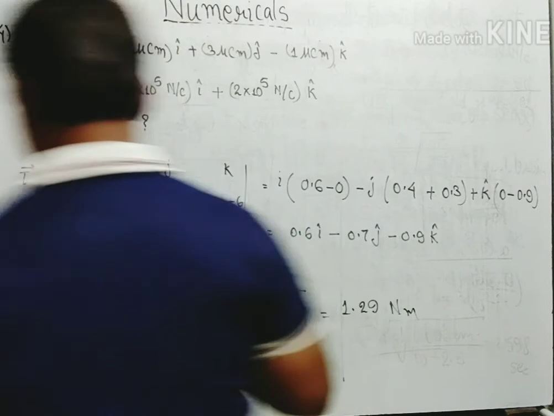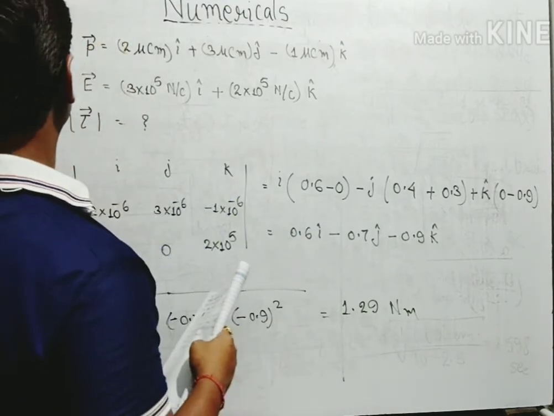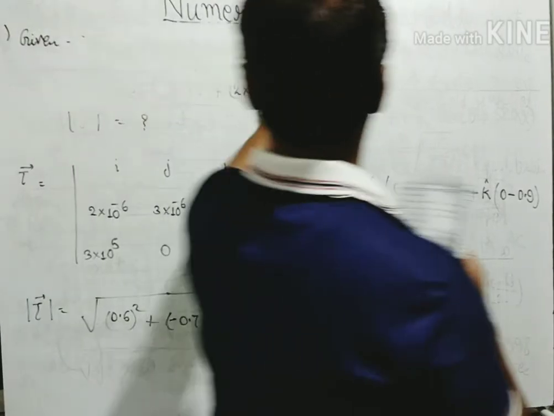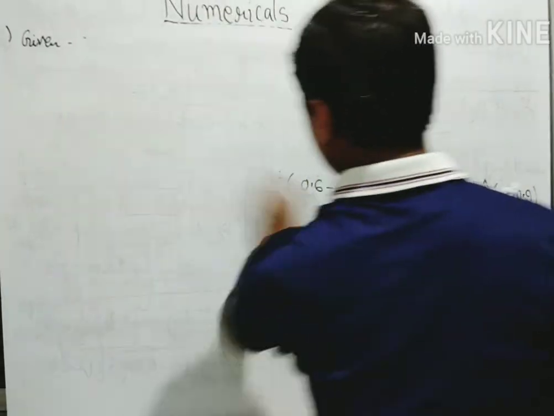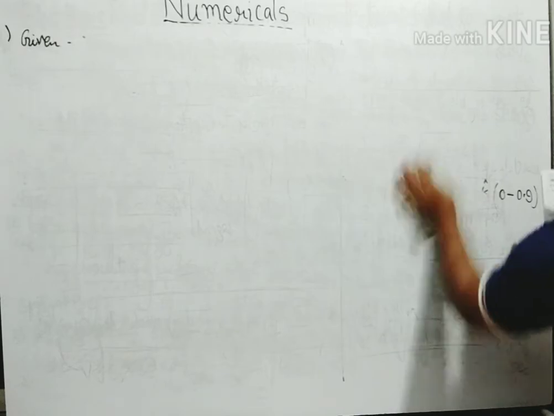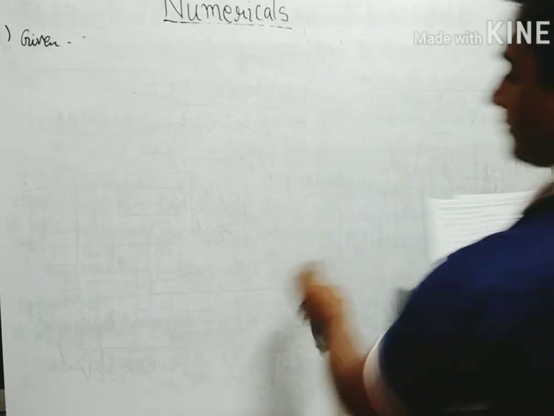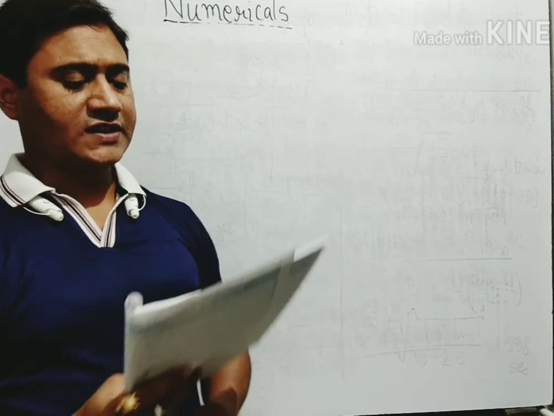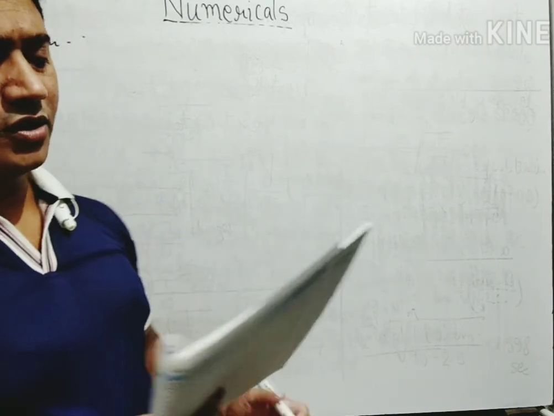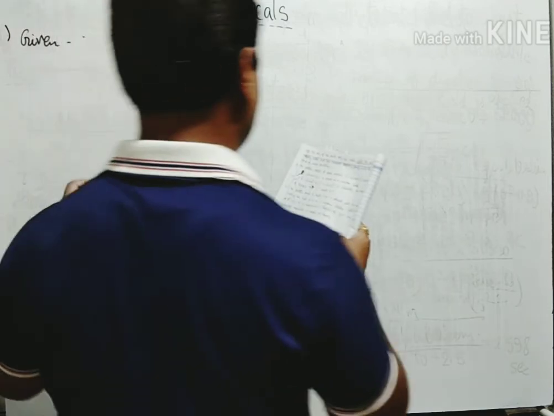Let's have the last question. So we have now the fifth question with us. Okay, so the last question is, an electric dipole of length 2 centimeter is placed.